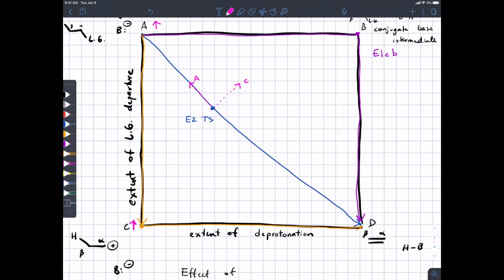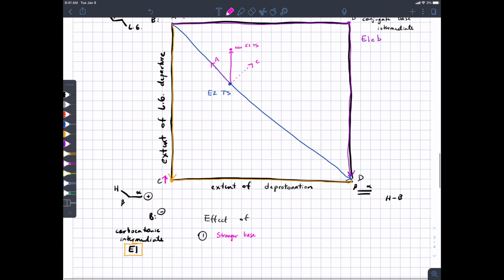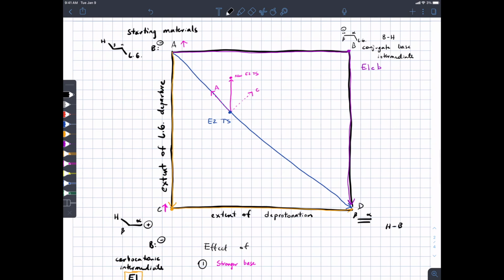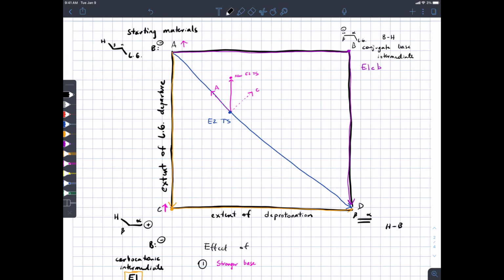That's the effect of raising C. Now, put those together, think about vector math, and what have you got? Well, the addition of those two is probably to move the transition state here. Okay? So this is the new E2 transition state. So if we use a stronger base, what does that do to us? And let's compare where we were before versus where we are now.